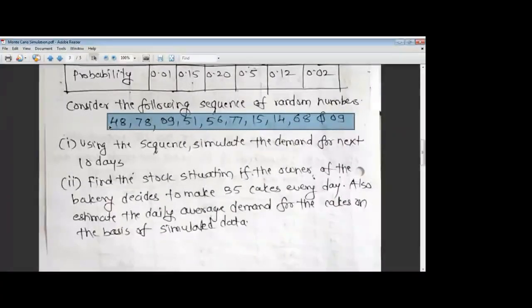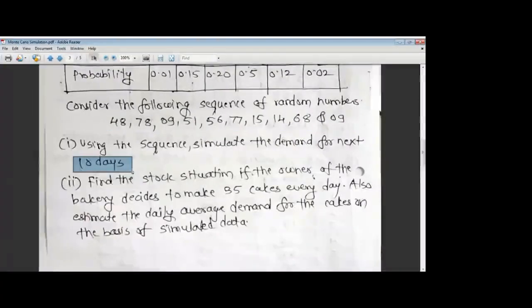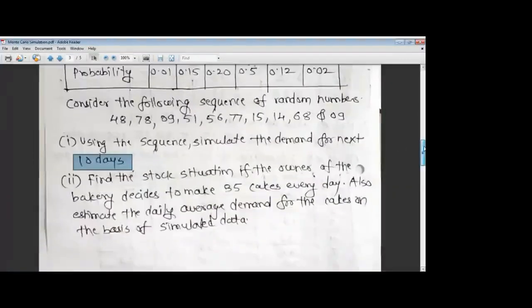There are only 10 random numbers because we have been asked to simulate the demand for the next 10 days. If it were 20 days, we would have to simulate the demand for the next 20 days, and we should have 20 random numbers with us, because only then can we simulate that demand. So that is also important.